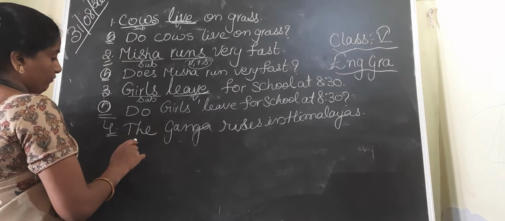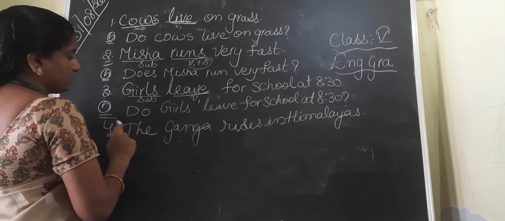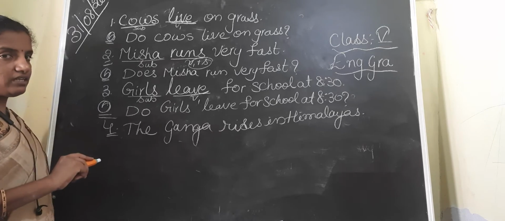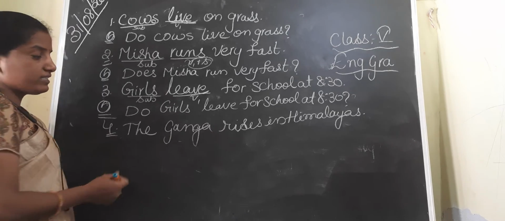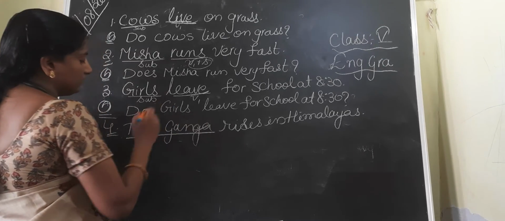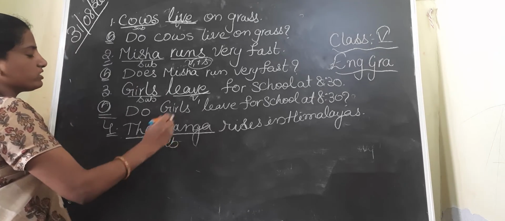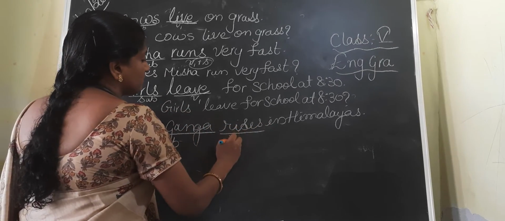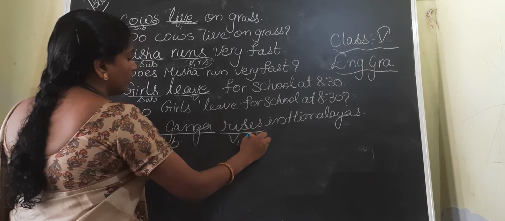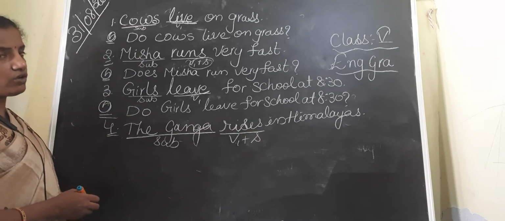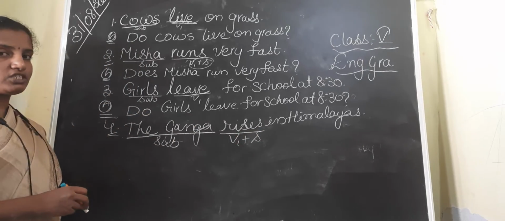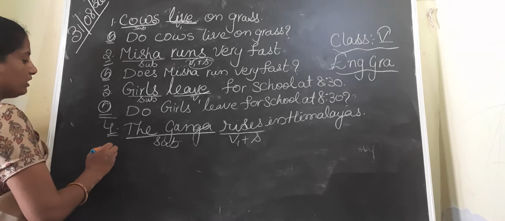Now coming to the fourth sentence, what is the subject? What is the thing about which we are discussing? The Ganga is the subject, children. Rises, V1 with s. Whenever there is V1 with s, we have to start our question with does.